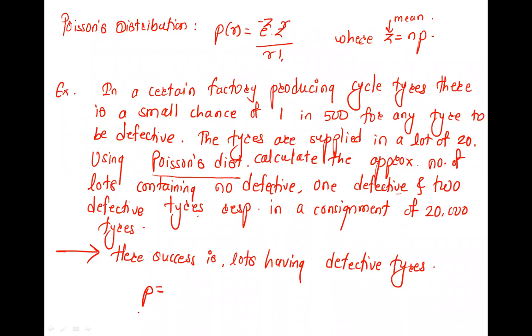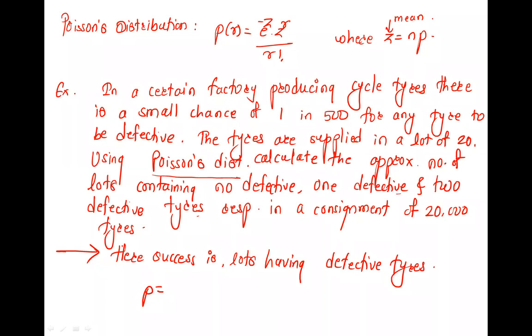In a certain factory producing cycle tires, there is a small chance of 1 in 500 for any tire to be defective.